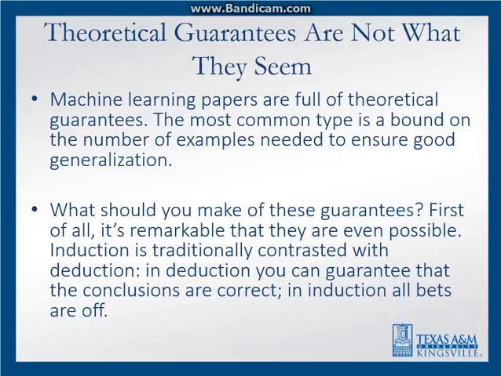What should you make of these guarantees? First of all, it's remarkable that they are even possible. Induction is traditionally contrasted with deduction. In deduction, you can guarantee that the conclusions are correct. In induction, all bets are off.